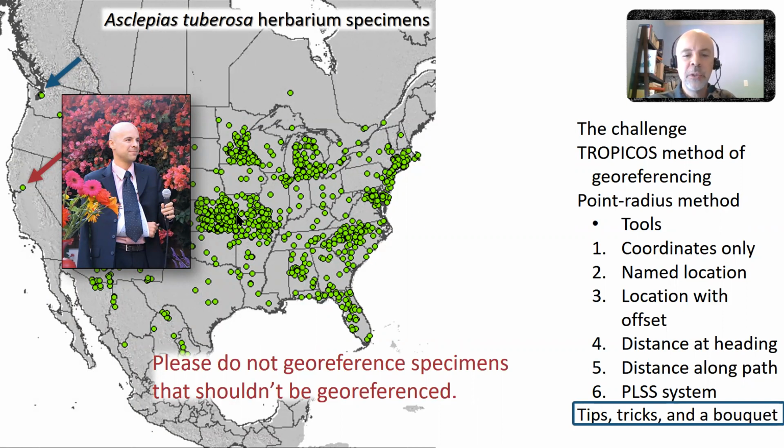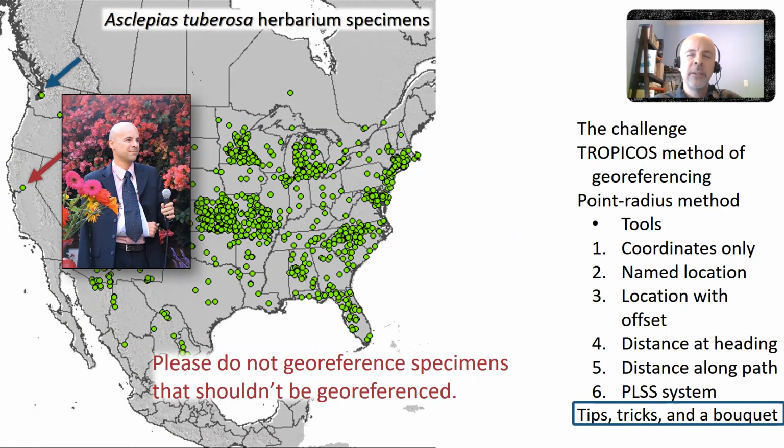I'm not showing you quite a few other specimens which I removed from here because they are geolocated to the greenhouse or to an experimental section which may have been receiving water or drought treatments or whatever, you don't know, from the specimen database. So a lot of other specimens have been georeferenced to places that they shouldn't be. And if you're doing this for yourself, you may georeference to one of these locations, but then 5 years later, somebody says, hey, do you have records for such and such a species?